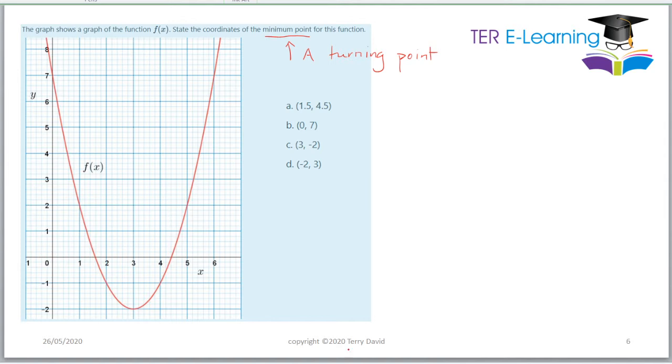Alright, so Danica is saying C. So all you're doing here, they want a minimum point. My minimum point is actually this point here. So the coordinates of this point here, we need to read off the x value and we need to read off the y value. So therefore this point here is actually 3, minus 2. So the answer in this case here will be C. So yes, Josiah and Danica, that's correct.